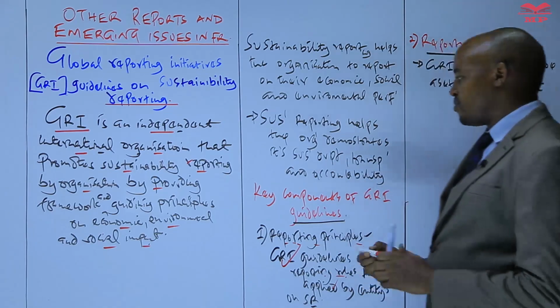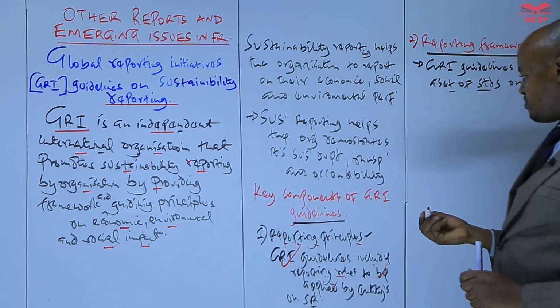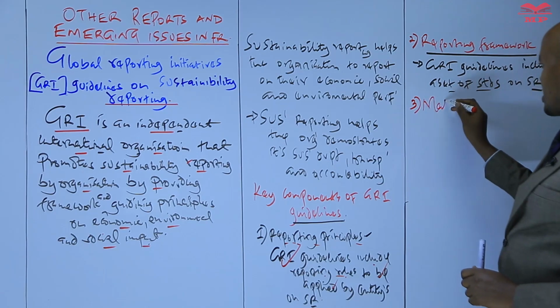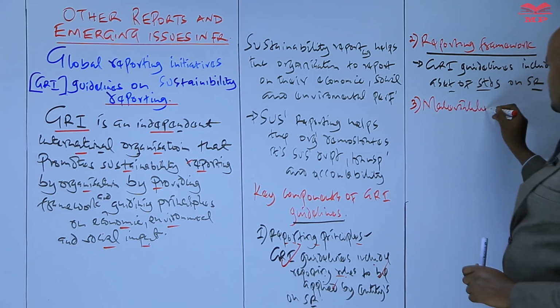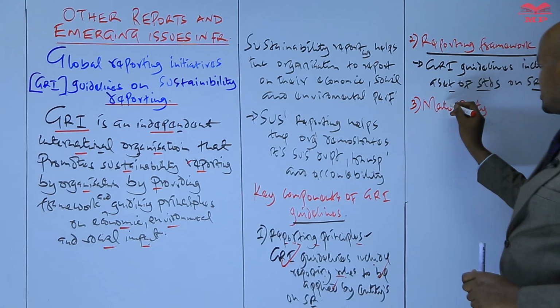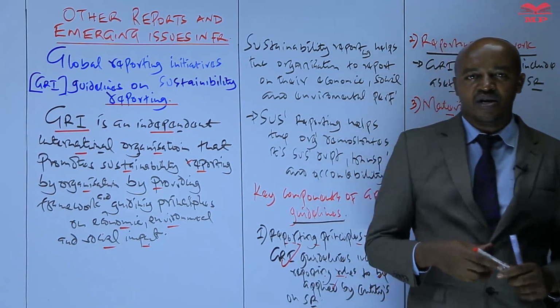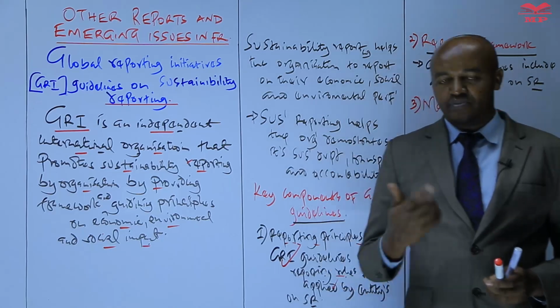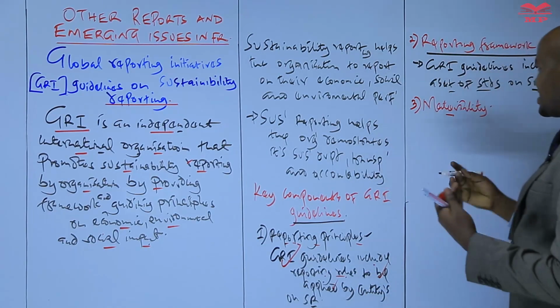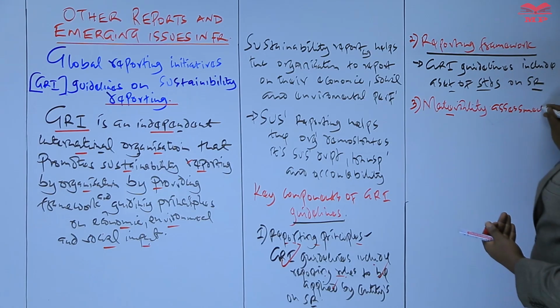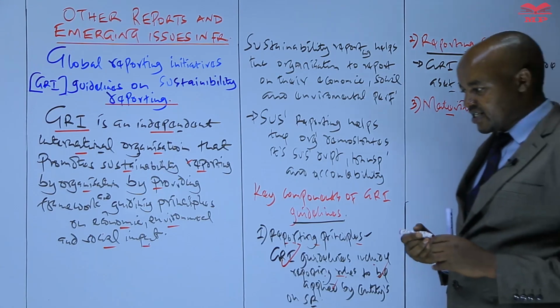The other key component, number 3, is materiality, or basically the materiality assessment.